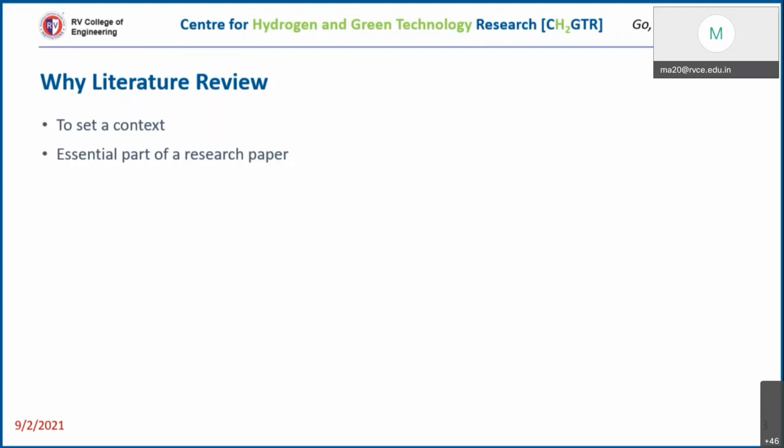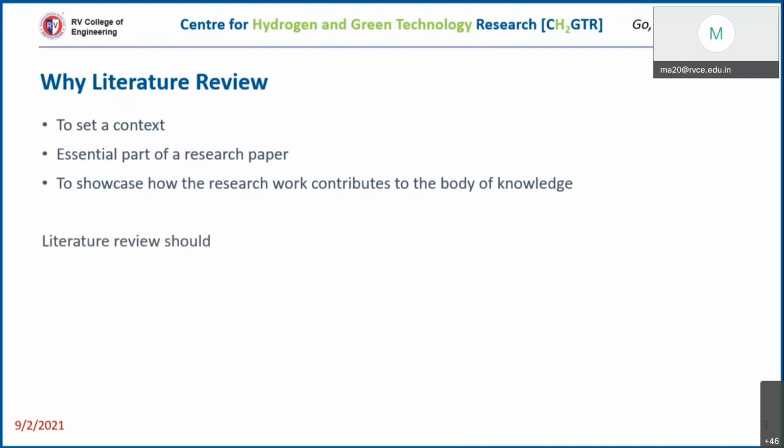There will always be a section under the name literature review, be it your project report, a PhD thesis, an MTech thesis, or a publication, a journal article. And it showcases how the research work contributes to the body of knowledge on that specific topic of interest.